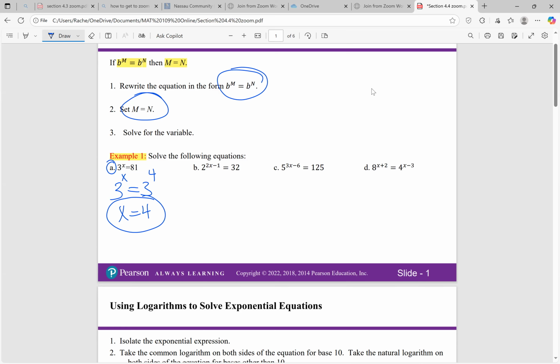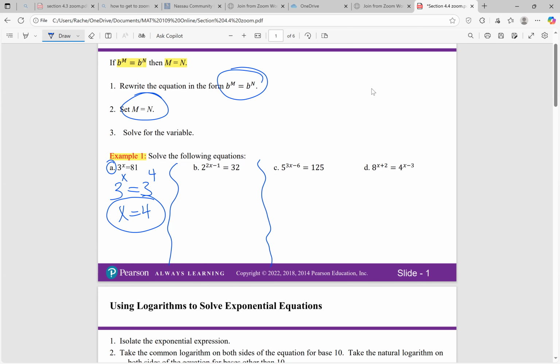So let's use the same idea for this next equation. In B, we have 2 to the 2x minus 1 power is equal to 32. So I'm thinking, all right, I see 32 on the right-hand side of the equation, and I see 2 as the base on the left-hand side. And I'm thinking I can rewrite 32 using the same base as 2. 2 to the fifth is 32.